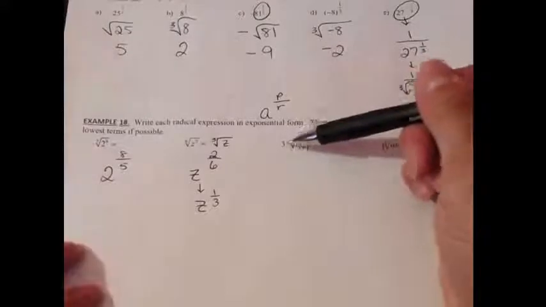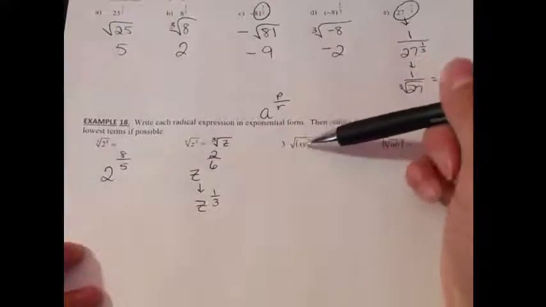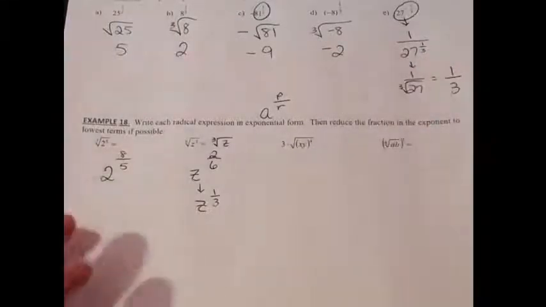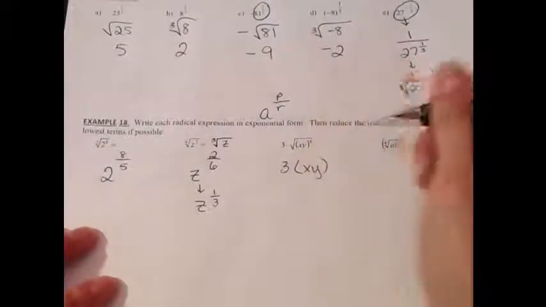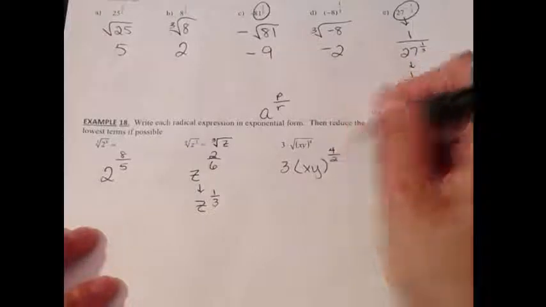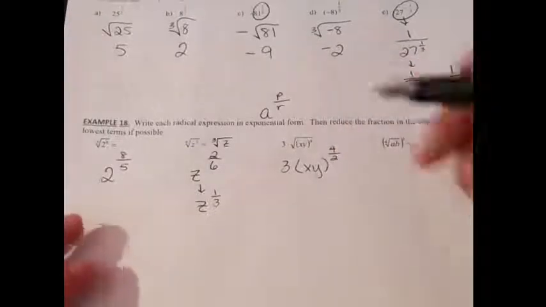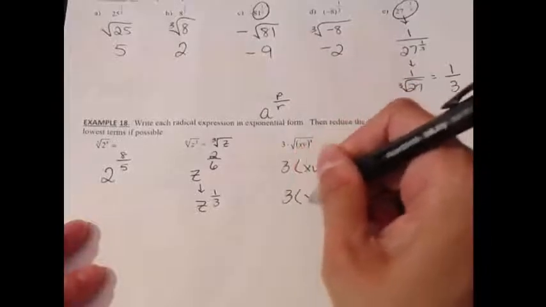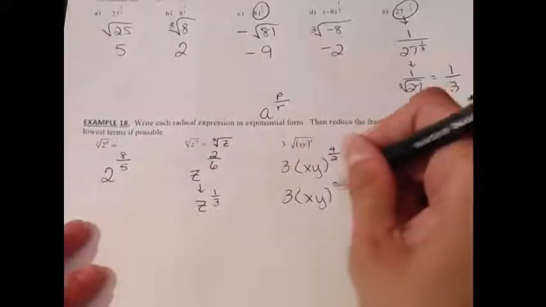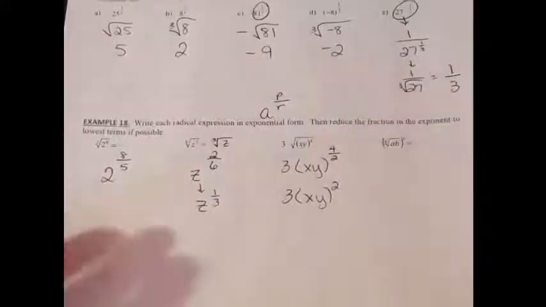Next, we have 3 times the square root of xy quantity to the 4th. So we have 3 times xy to the power over root. When we simplify that power over root, we get 3 times the quantity xy to the 2nd power. And then, of course, we know how to apply the power rule.